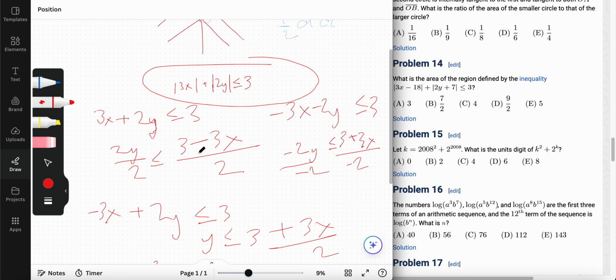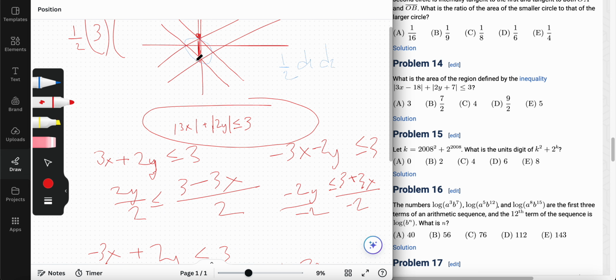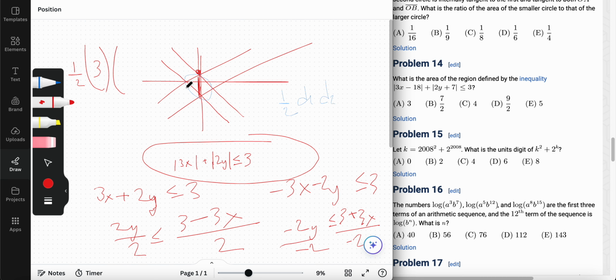So we found that this is 1. Isn't this 1? Yeah, that's 1.